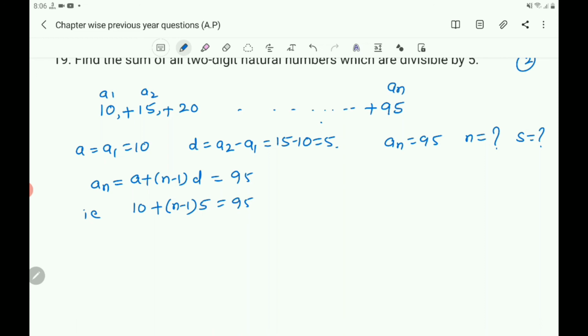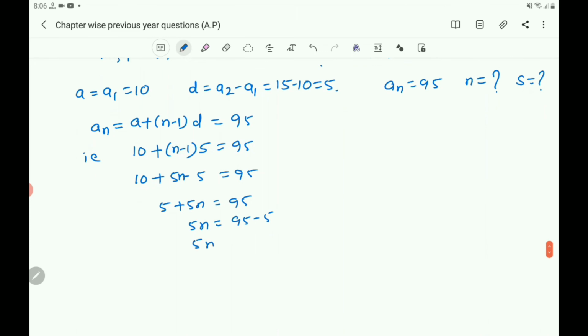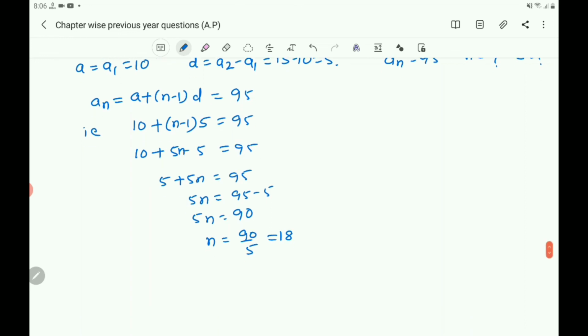Then that becomes 10 plus, you can multiply, 5N minus 5 is equal to 95. Then 10 minus 5 is 5. 5 plus 5N equals 95. Then 5N is equal to 95 minus 5. So you got 5N is equal to 90. Then N is equal to 90 by 5, that is what you will get, 18. So N equals 18 you got.